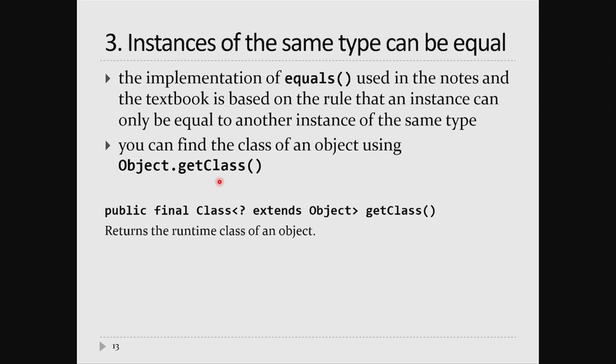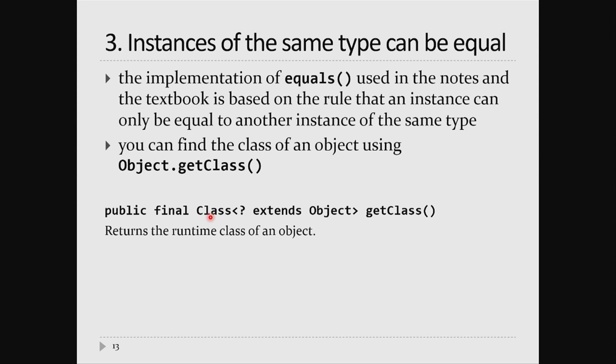Well, there's a method called getClass. That's a method that's also in Object. If you look at the documentation for getClass, it tells you it returns the runtime class of an object. So what getClass actually does is return an object of type Class, big C Class. That object represents the class of whatever object you called the method on.